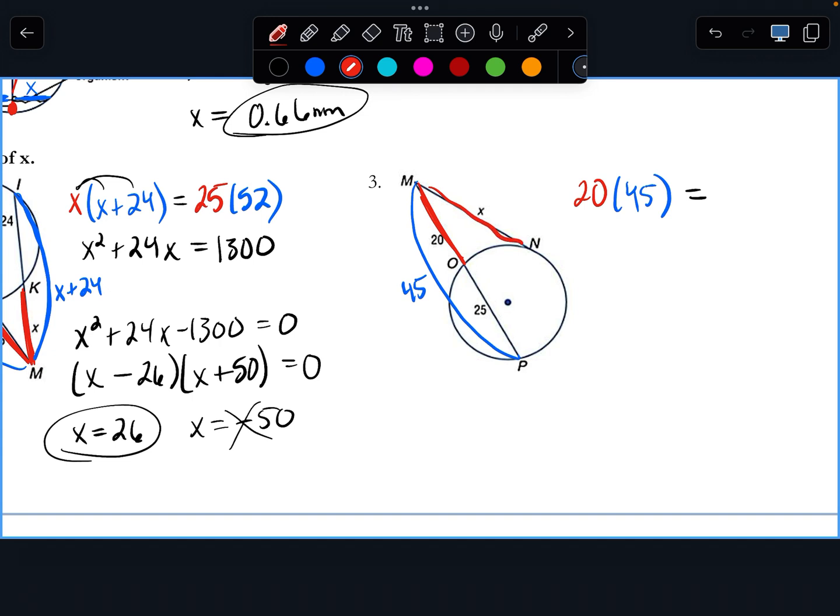You're going to go x, the part sticking out, times the whole thing, which is x. So I usually just square it right away. And again, it's the last formula on the bottom. So then this is 900, so 30 for your answer. Okay.